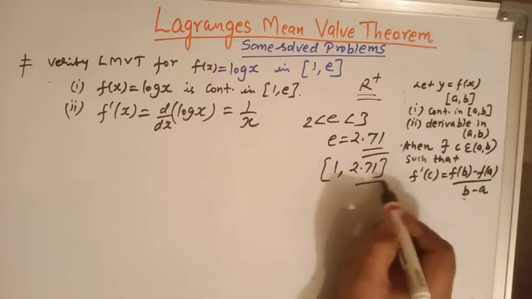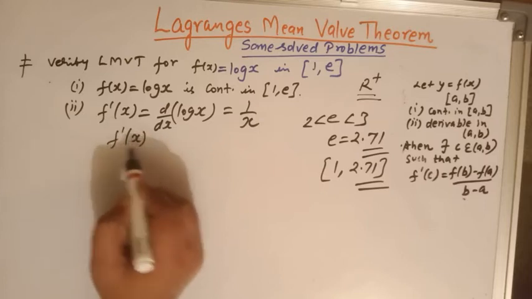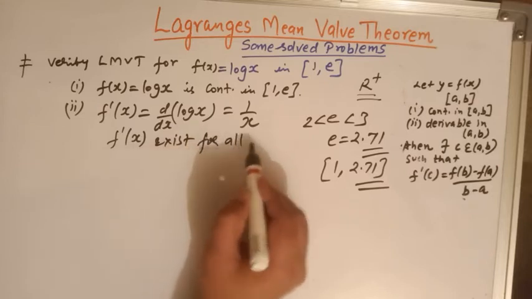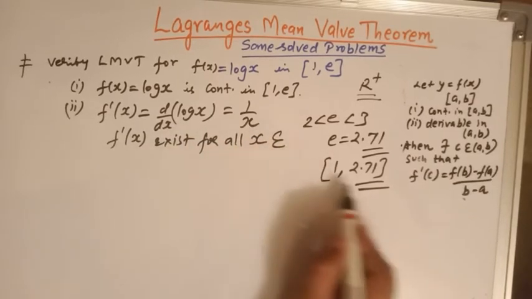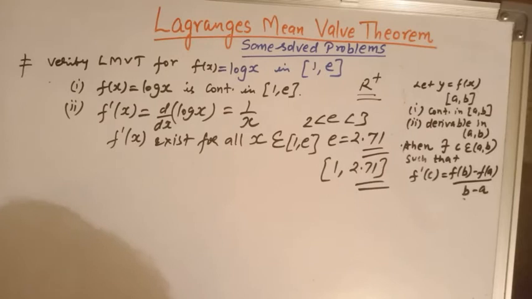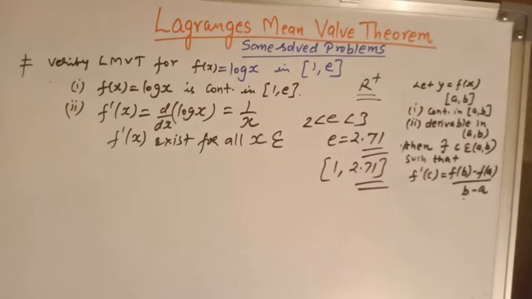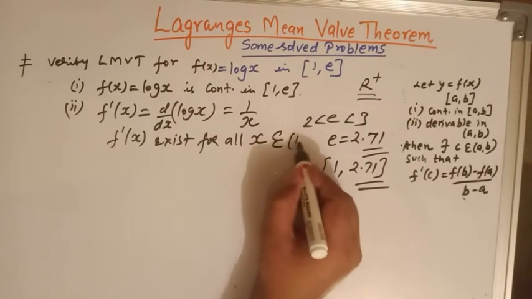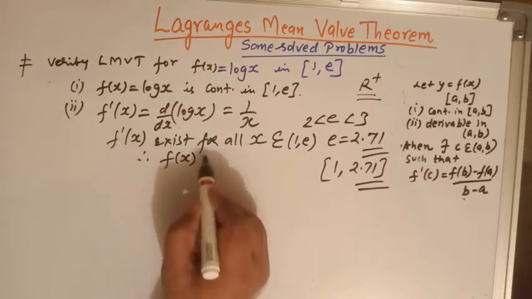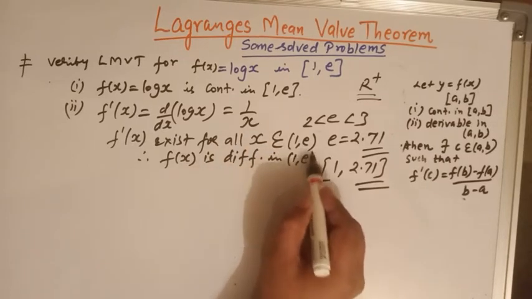So obviously this derivative f dash x or f prime of x exists for all x belonging to this interval, which is (1, e), and here we will use the open interval (1, e). Clear? So therefore f(x) is differentiable in (1, e).